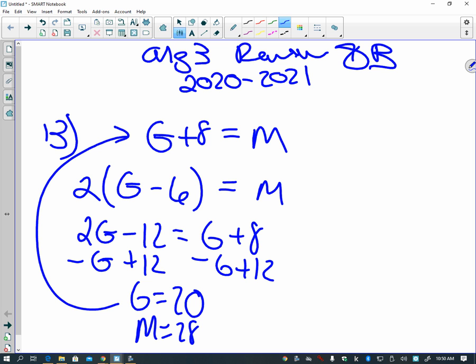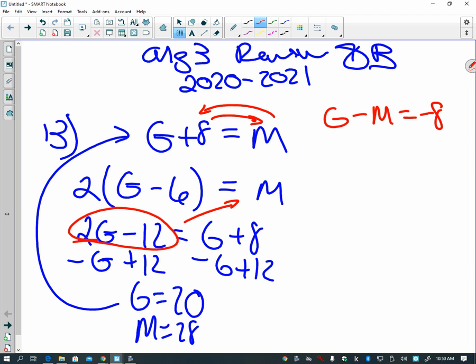Now, if you want to solve it using a matrix, I'm going to have to move this M over here and this 8 over here. So I'm going to get G minus M equals negative 8. I would come down to this part of this equation with that M. So I would get 2G minus M equals 12.